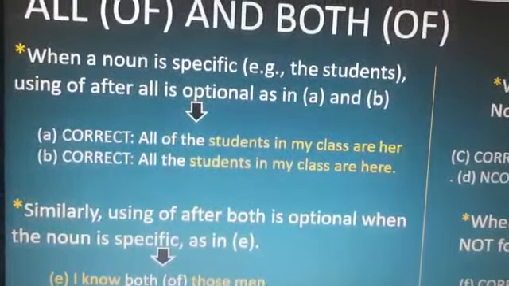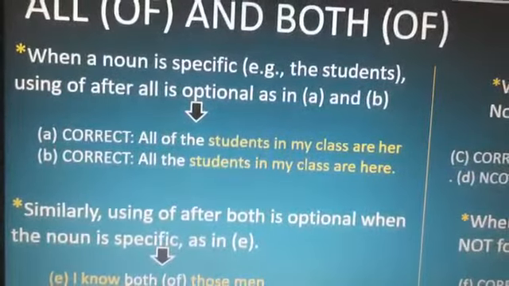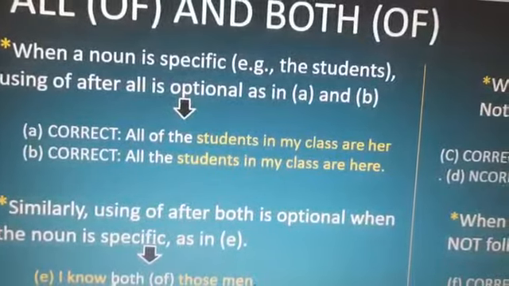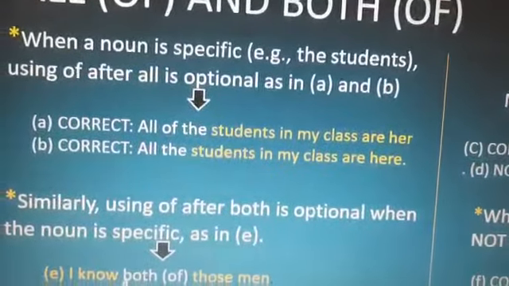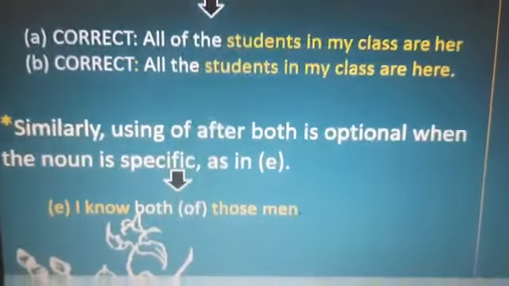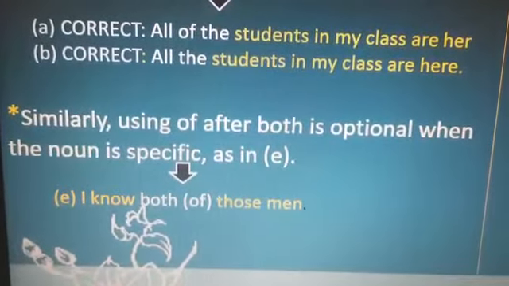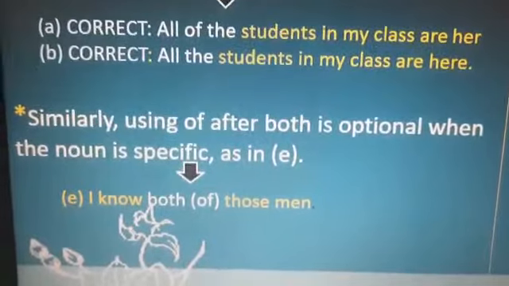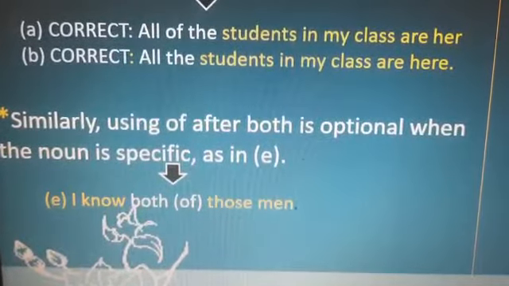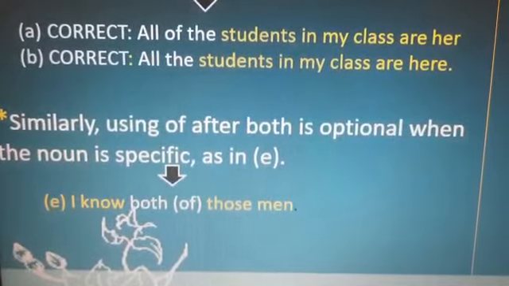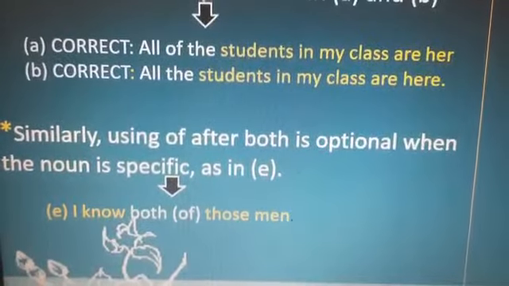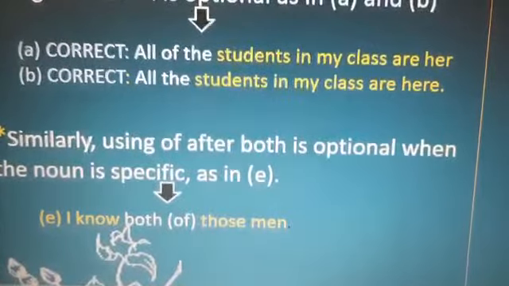It's a correct sentence because I use all and of together with a specific noun. In example B, it's also correct, because I use all without of, but the noun is specific. All the students in my class are here.